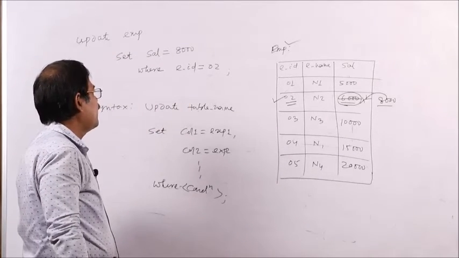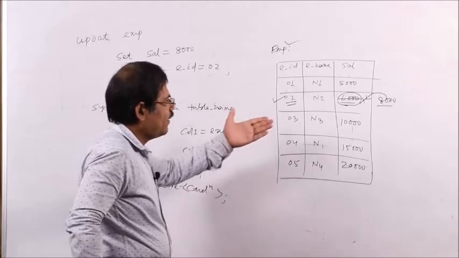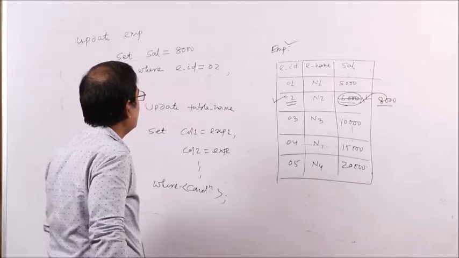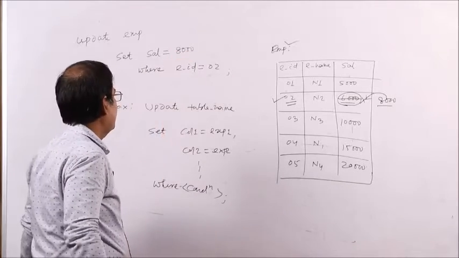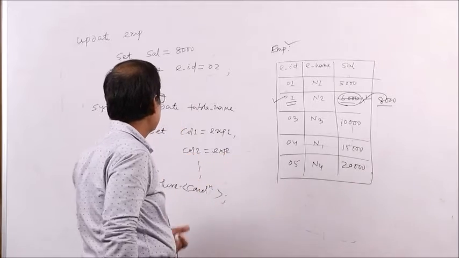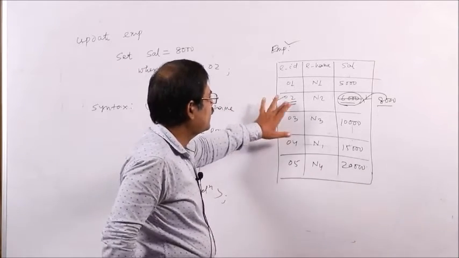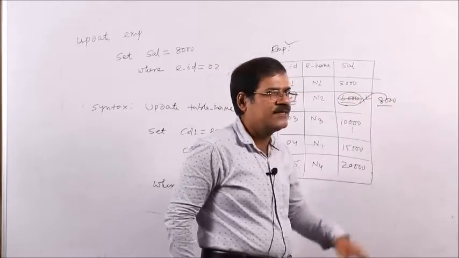So, update table name, set column name. It need not be exactly one column; you may change multiple, and you write a comma like this: set column 1 equal to expression 1, column 2 equal to expression 2. Here I am updating the salary field. The employee 2 whose salary is 6,000 will change to 8,000.